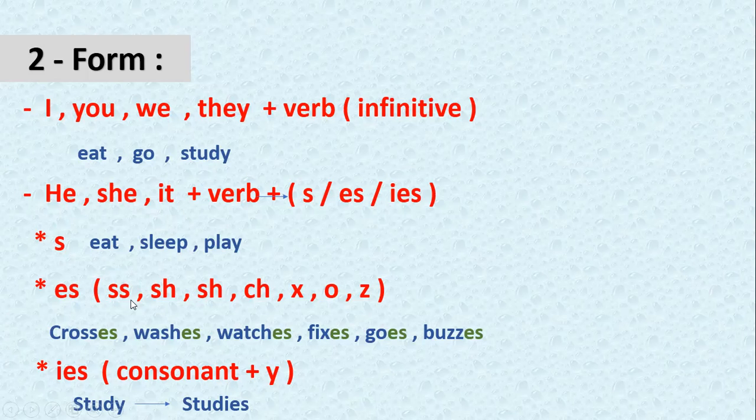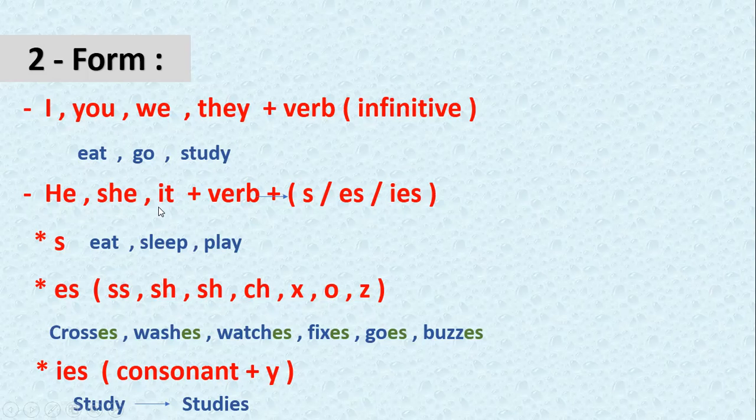When we have any verb that ends with ss, sh, or ch, x, o, or z. When we have any of these 6 endings, we should add es, but we should repeat it again with he, she, or it, because you know, with I, you, we, and they, we don't add anything. It doesn't matter. Okay, so we add these endings with he, she, or it.